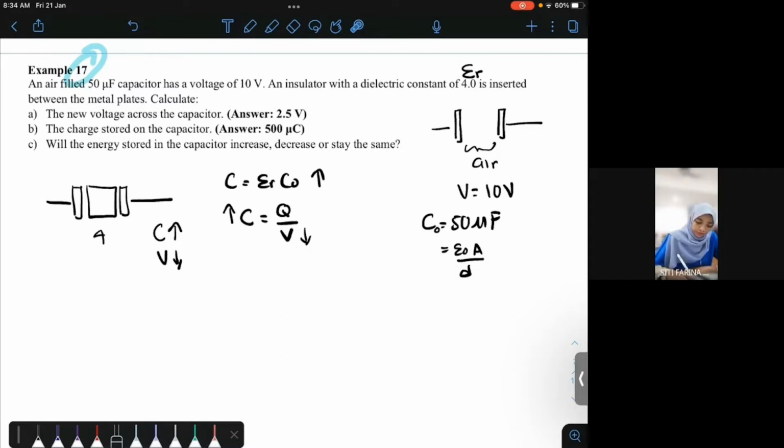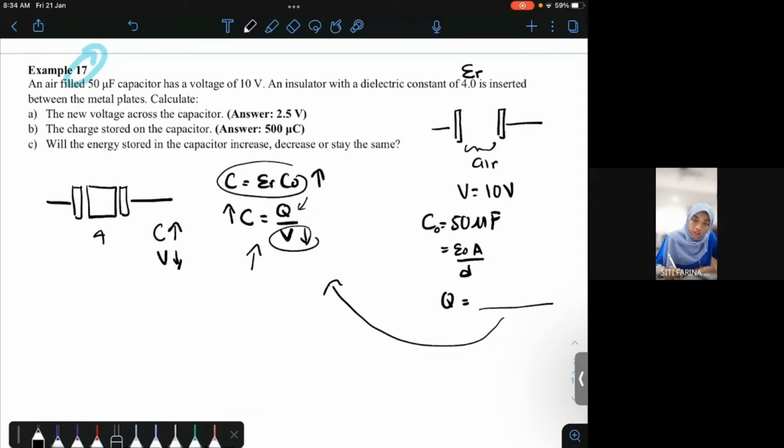Okay, you can use this method to find it. Meaning find the value of C first, find Q, and also find V. Okay, where you have your V initial, C initial, you can find your Q initial. Okay, but at this particular point, our Q is constant. Once you have got the value, you will use the same Q, find the new C, and get the new V.